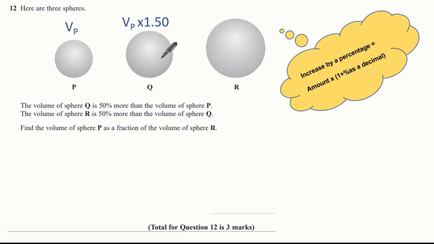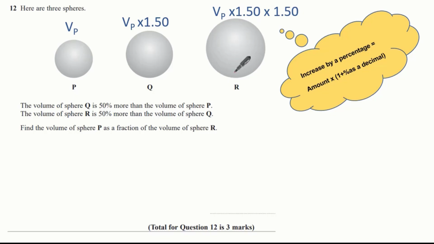Now, if we're increasing the volume of sphere Q by 50%, this is indicated by this expression. So you can see I've multiplied by 1.5 and 1.5 to indicate an increase of 50% here and an increase of 50% here.